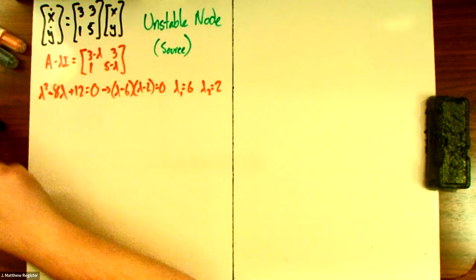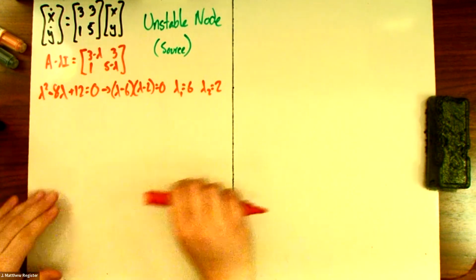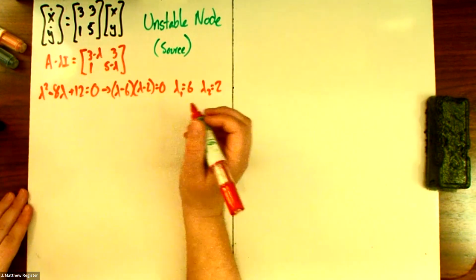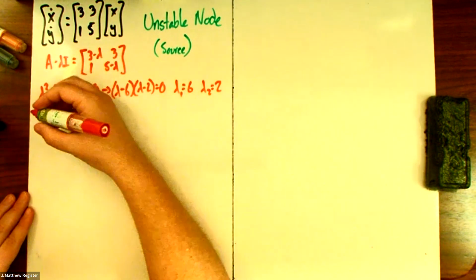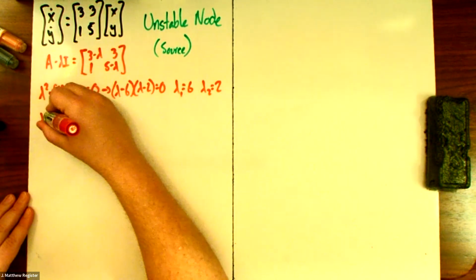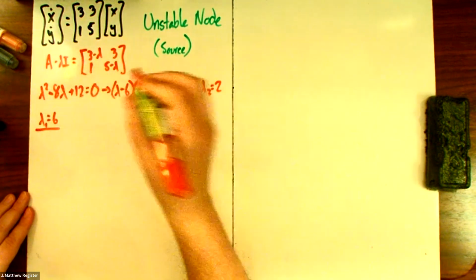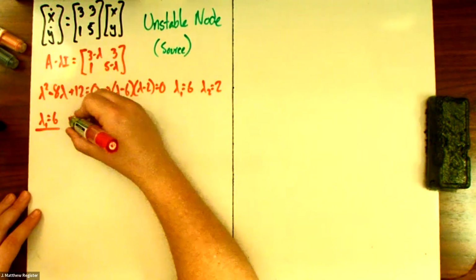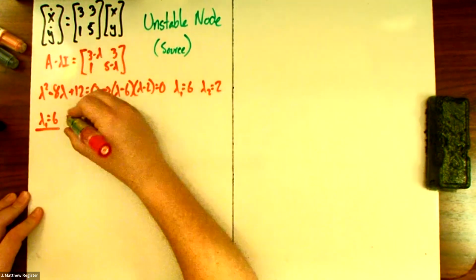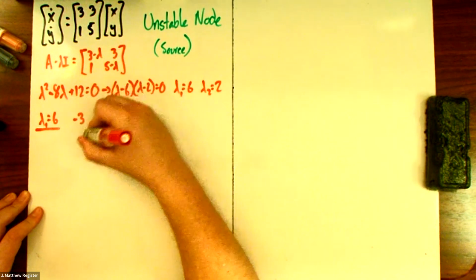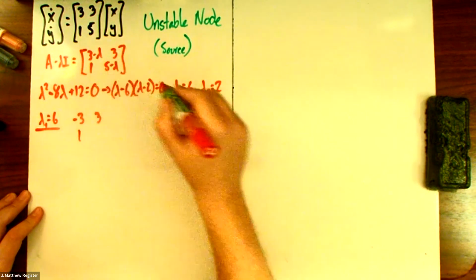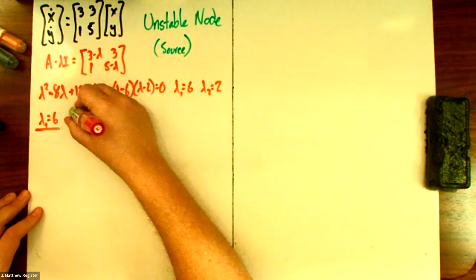And so now let's find the eigenvectors, and then we will find the general solution and graph it. And so for eigenvalue 1, which is equal to 6, we are going to get 3 minus 6 is negative 3, positive 3, 1, and then 5 minus 6 is negative 1.